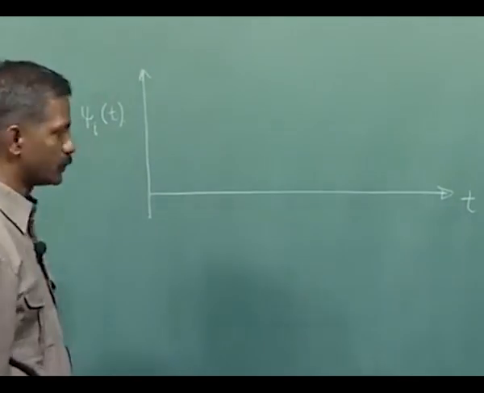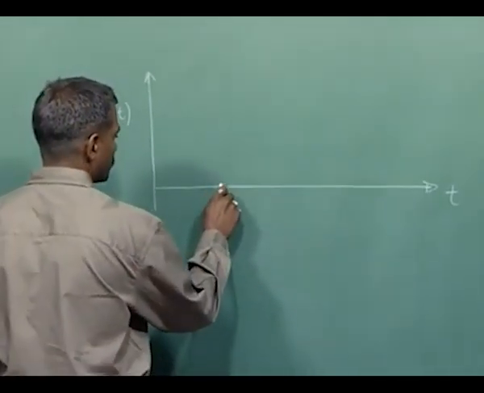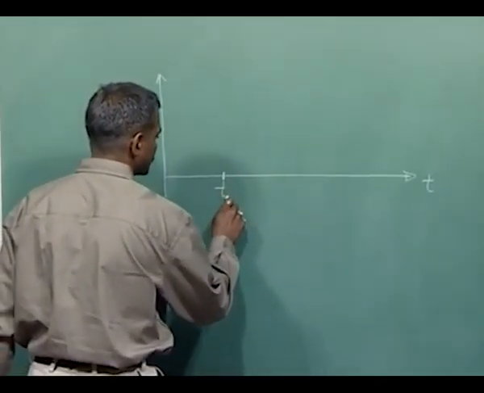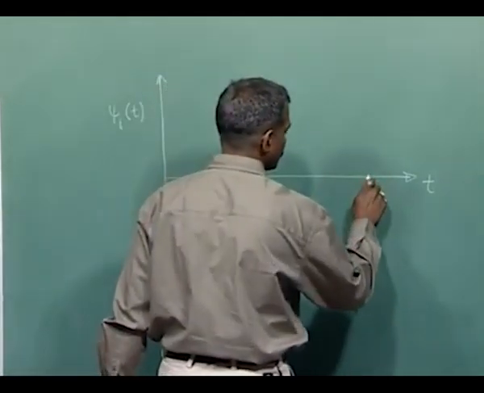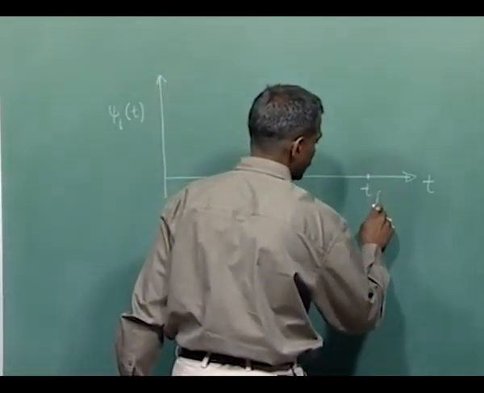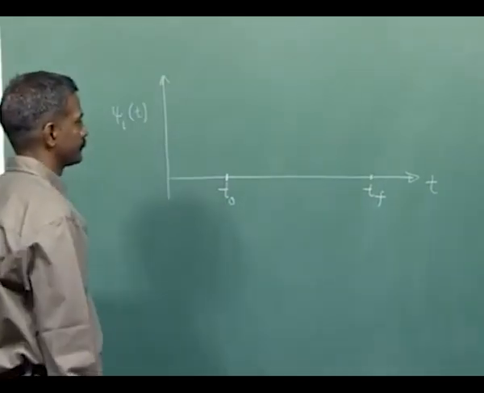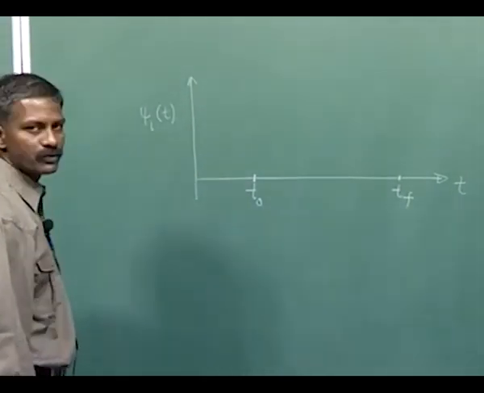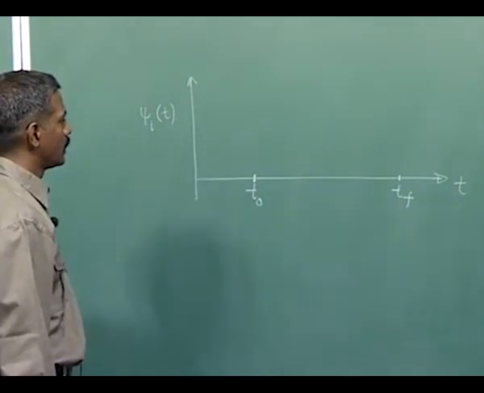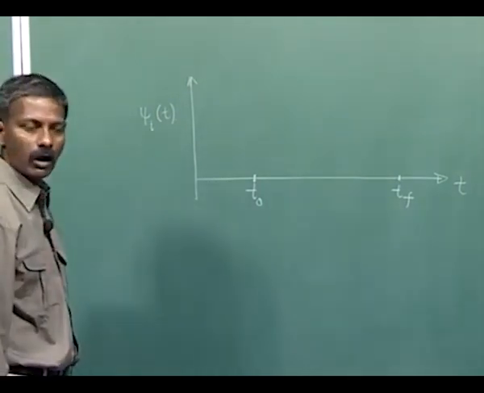This is how I would do this. I'll start with some parameter value, let's say T0, and I'll end at some other parameter value, say Tf. And in between, I'll construct different polynomial segments.